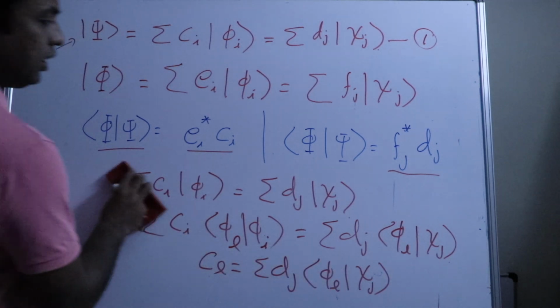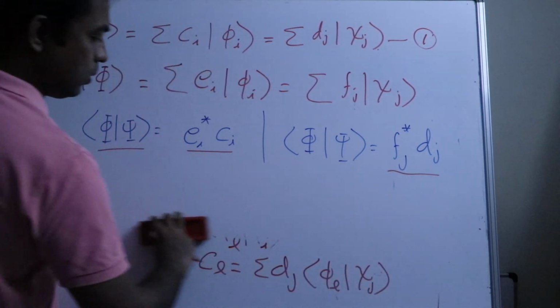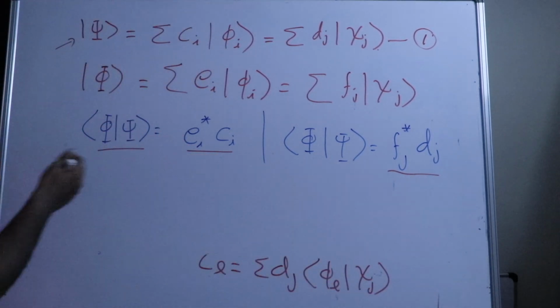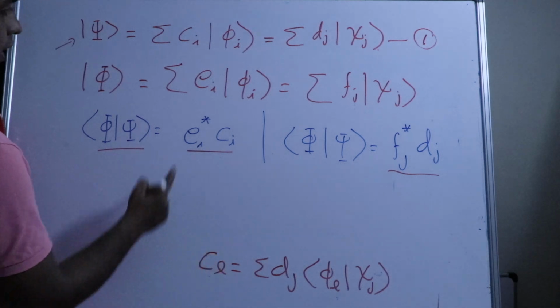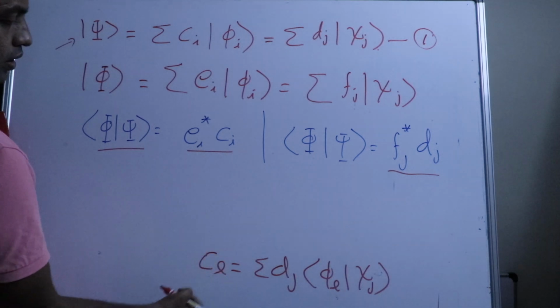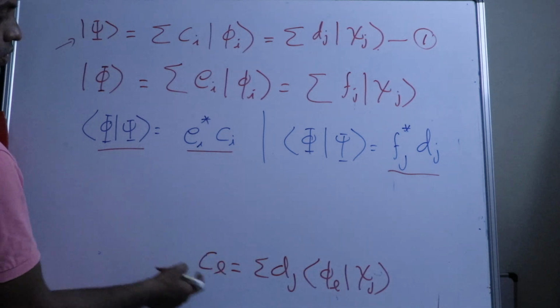Similarly, you can write down Ei. What will that be equal to? You can write it by understanding how you got this equation.